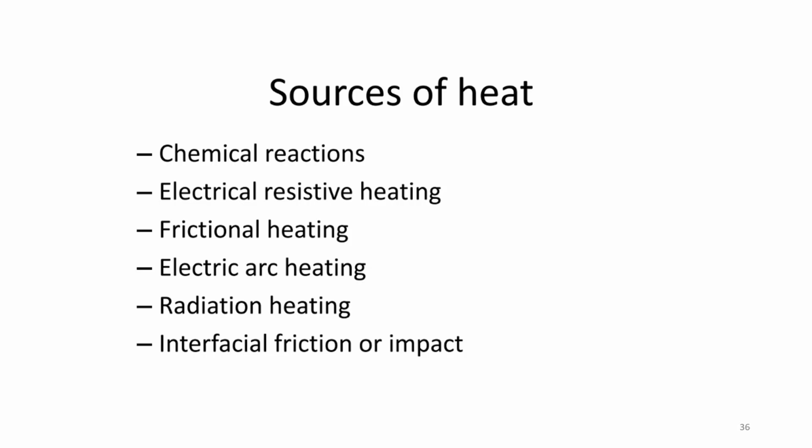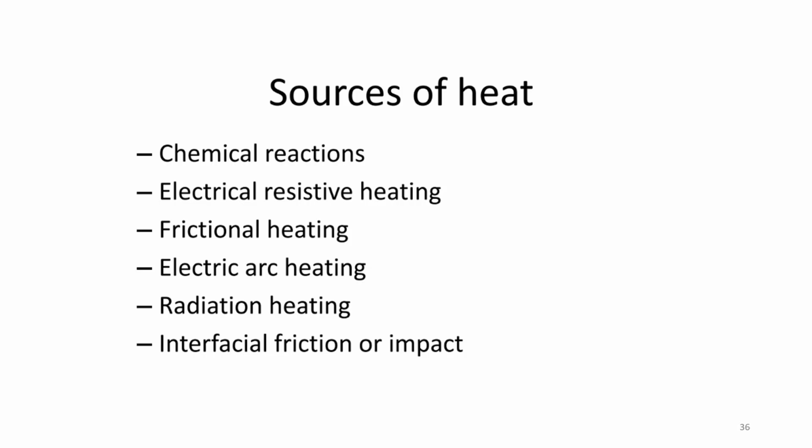Next is frictional heating, as in friction stir welding. In that case, two plates are given relative motion, and there is some pressure towards each other. Because of that friction, they can get welded.